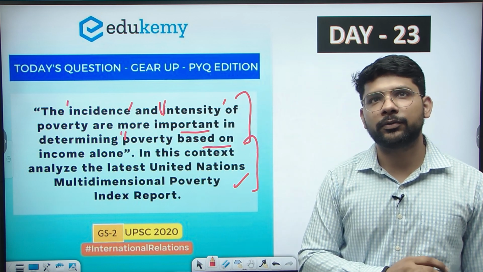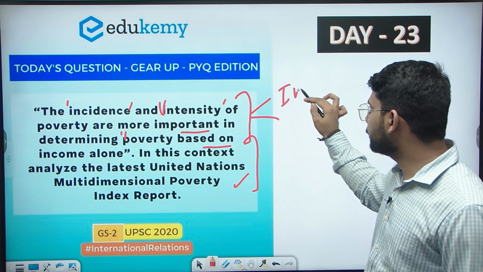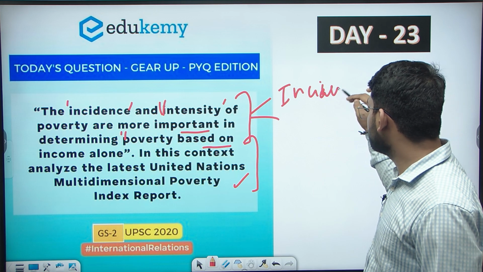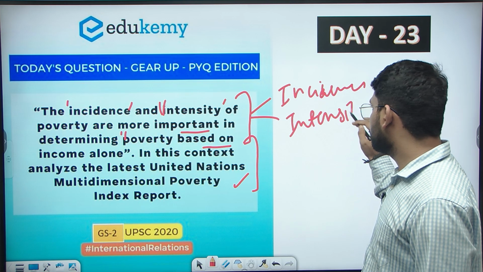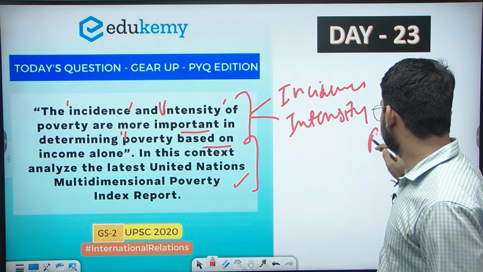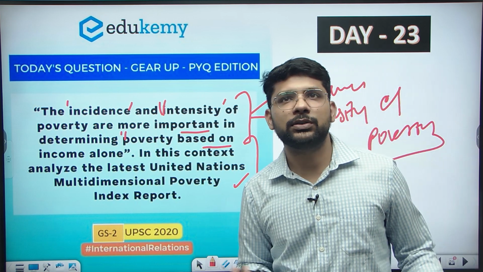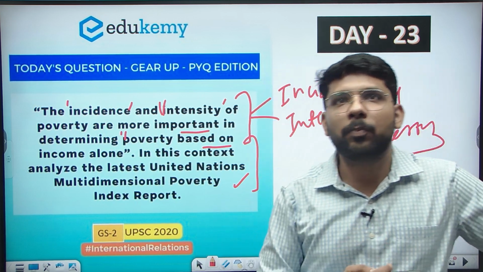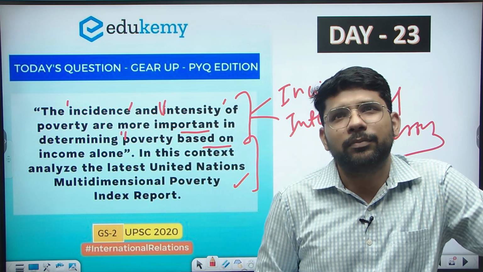How can the determination of the incidence and intensity of poverty be more useful than just income?